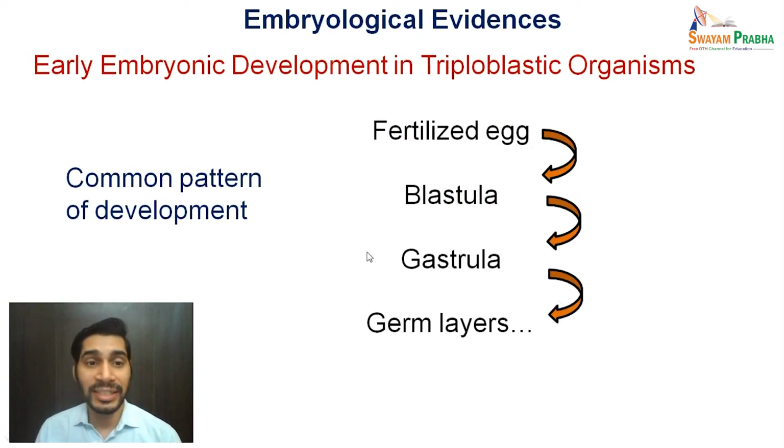This common pattern of development is followed in all triploblastic organisms, irrespective of their complexity, their origin, irrespective of their forms and differences otherwise, which indicates that there has been a common origin. That is why they still share this common pattern of development.